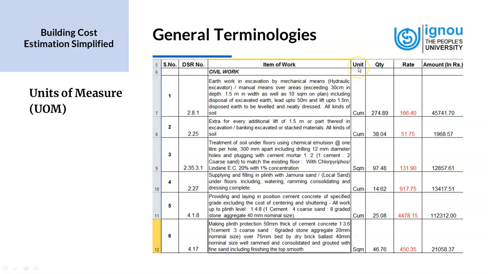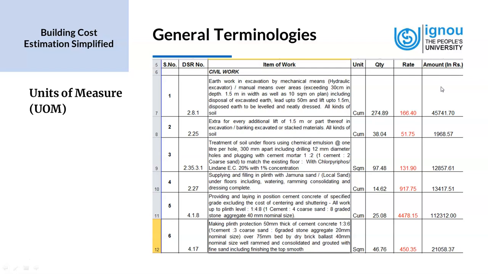On the right side of it, the first column has the units of measure, which is the cubic meters and square meters. And again, we have just taken two units of measure in this example. One is a volume, which is represented by cubic meters, and we have the area, which is represented by square meters. We have additional columns to represent the quantity, the rate and amount.